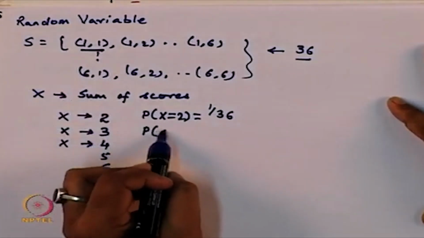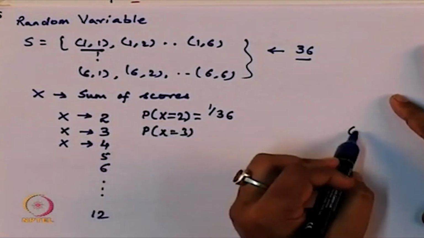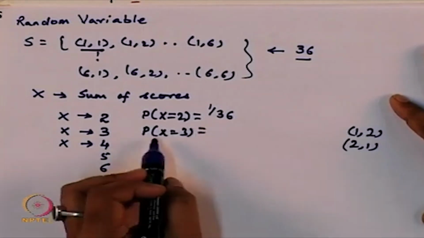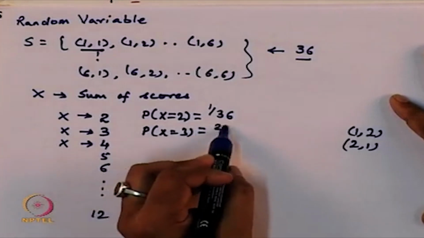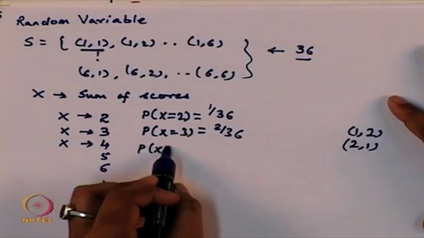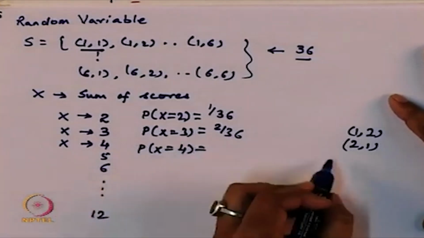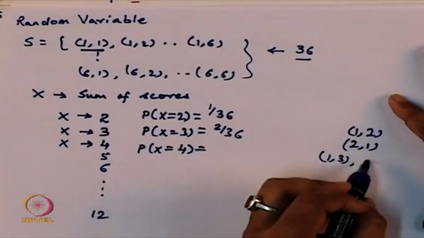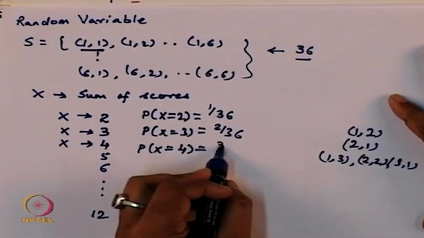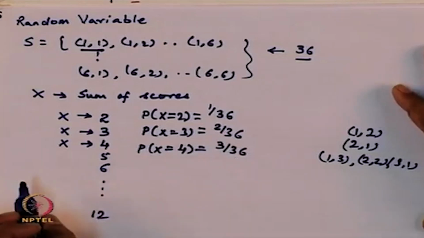What is the probability of x equal to 3? What are my combinations? Either I have 1 2 or 2 1. Probability of x equal to 3 is 2 by 36. Probability of x equal to 4: I have 1 3, 2 2, 3 1, so 3 by 36.